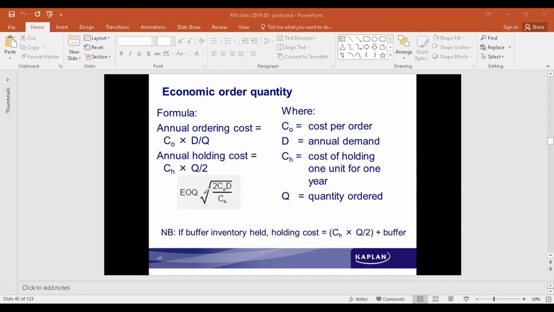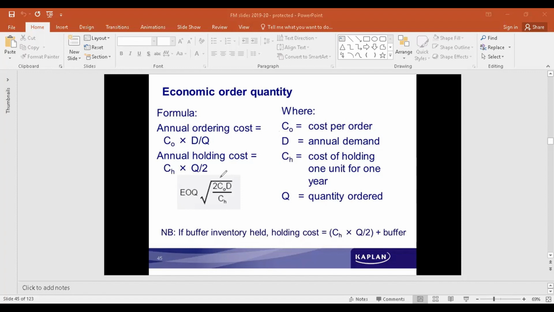For the total requirement of material, which is denoted by D, annual demand, how many orders would be placed, and each time an order is placed, what is the cost per order? Divided by, in the denominator, the average cost of holding one unit for 1 year. Use this one, and then arrive at the economic order quantity.